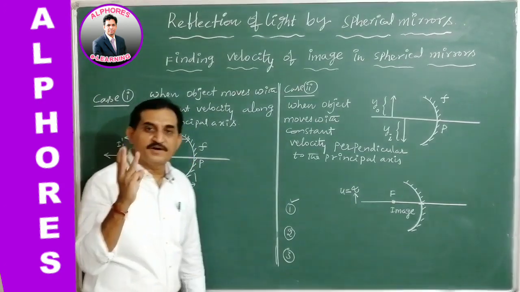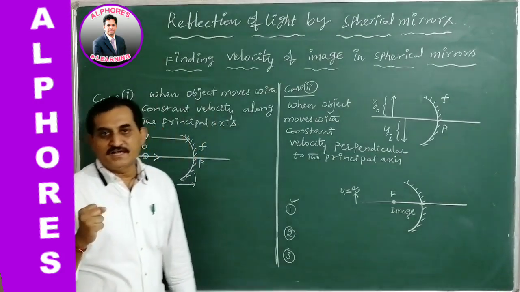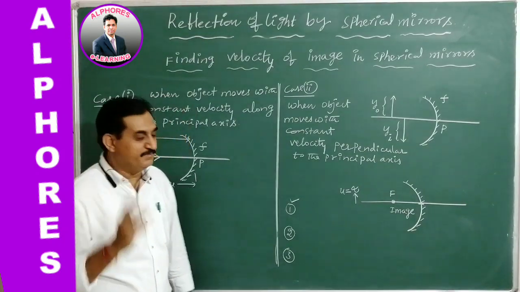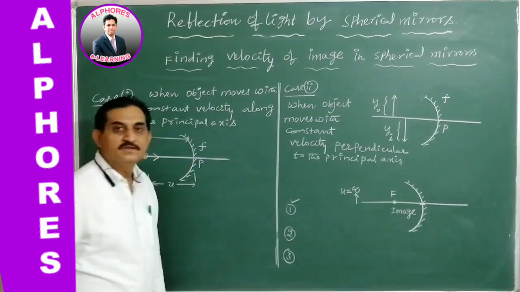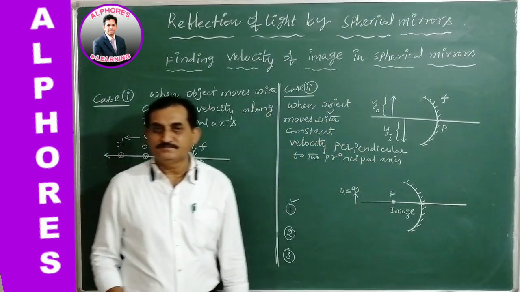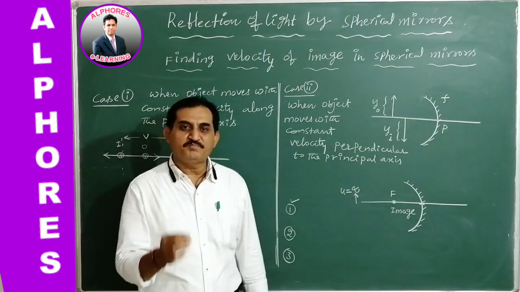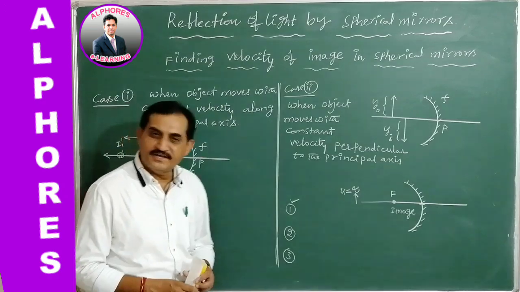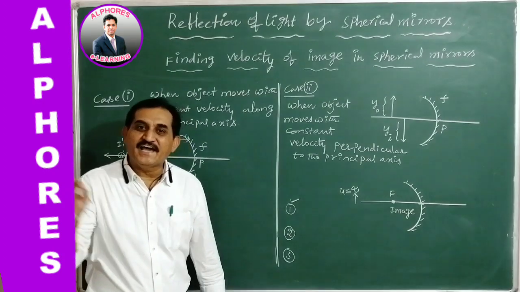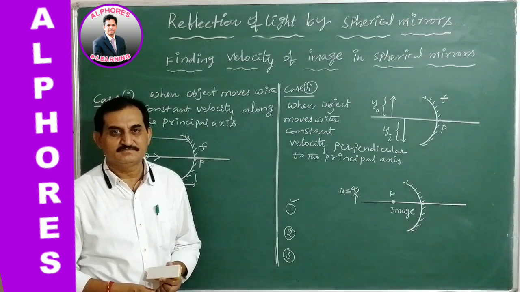We are taking 3 important points, 3 fundamentals, to understand the basics related to velocity of image in the spherical mirror. Point number 1: the object is at infinity, the corresponding image is formed at the focus point, which is extremely small in size, assumed to be point size. The size of the image is interpreted as velocity of image in the spherical mirror.